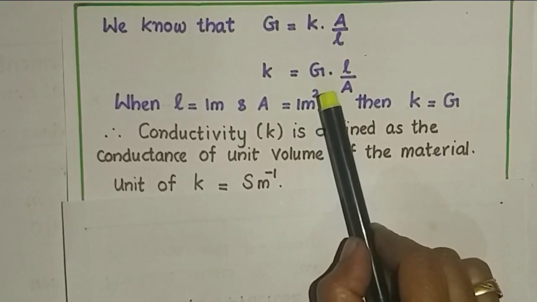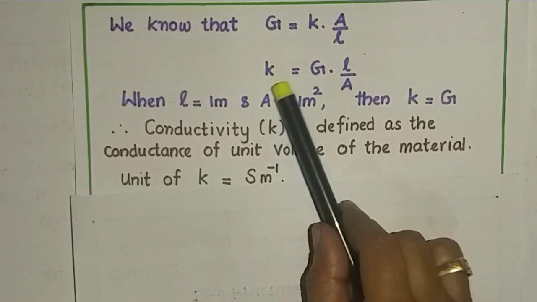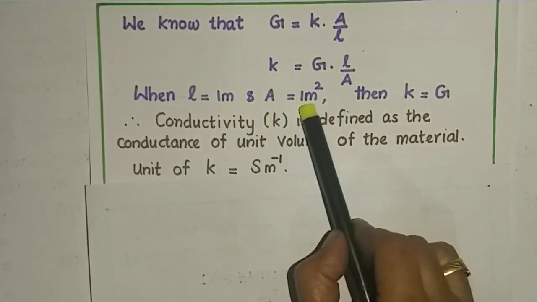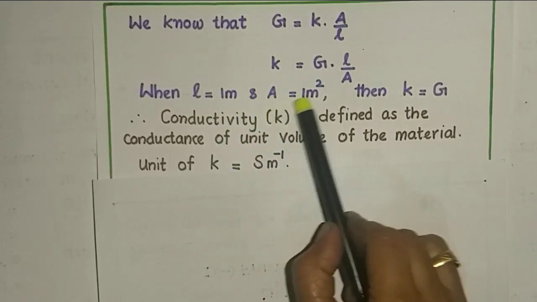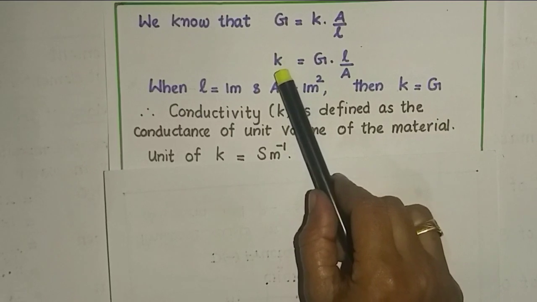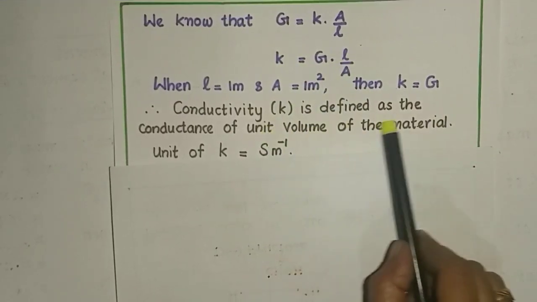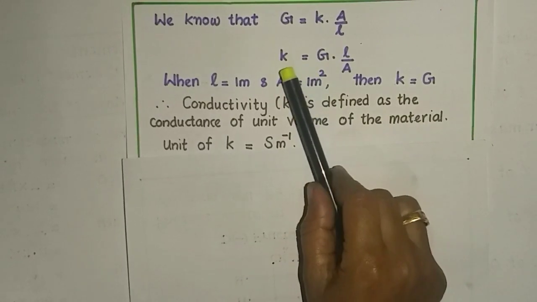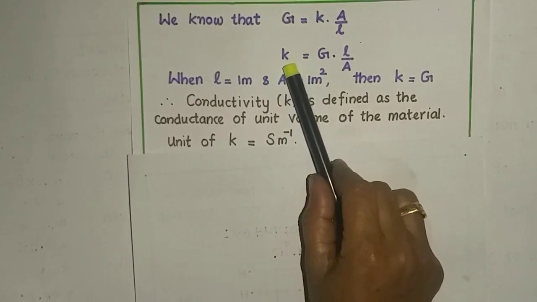Otherwise, we can define conductivity as the conductance of unit volume of the material. Here L is 1 meter and A is 1 meter square, considered as unit volume. Then we can find out the unit of conductivity.